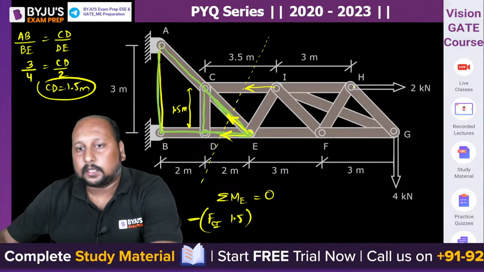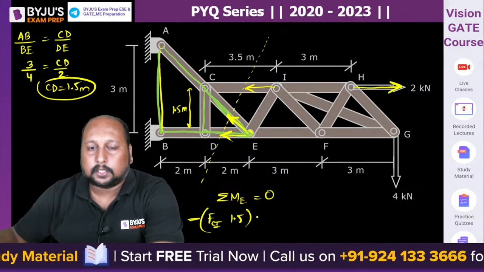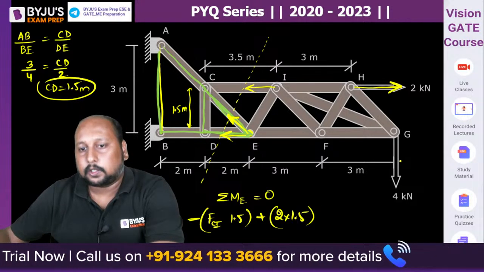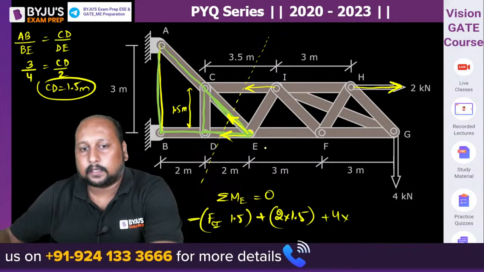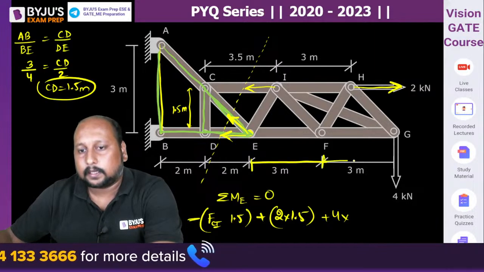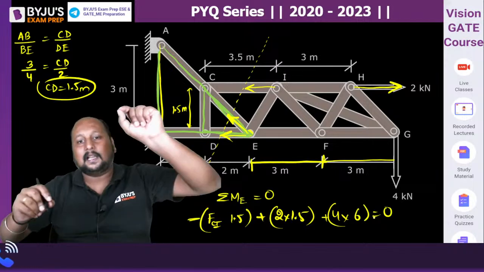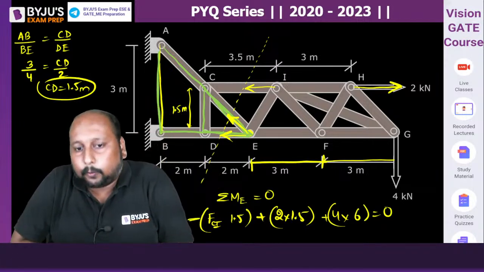We have two forces: this is 2 newton, rotating clockwise, 2 into 1.5. This is also clockwise, 4 into, what is this distance? 3 plus 3, that is 6, equal to 0. It's a single one-liner. In a single line, we are able to calculate.